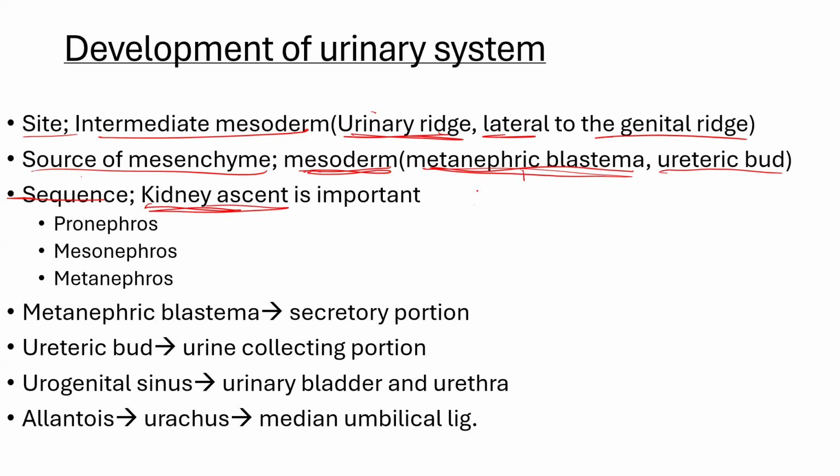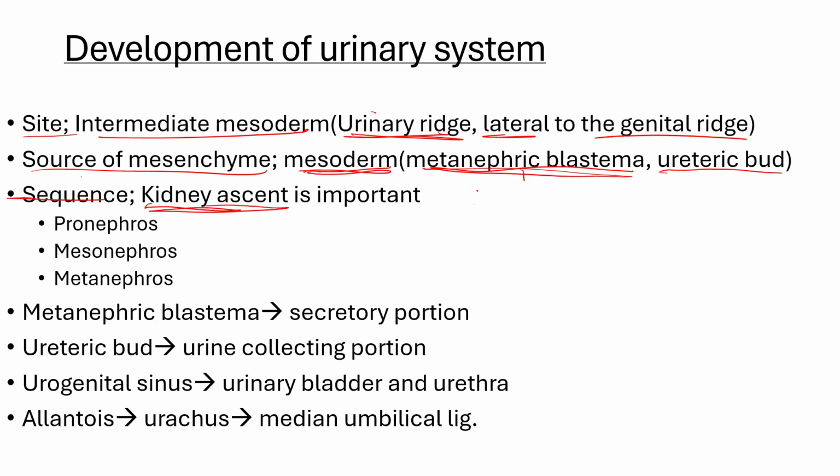After that, they vacate. Mesonephrons, 40 in number, thoracolumbar region, they are functional. So they have a renal corpuscle. So they form urine. That urine is drained by the mesonephric duct. Okay. And they are the main kidney system from week 5 to around week 8, the 2nd month.